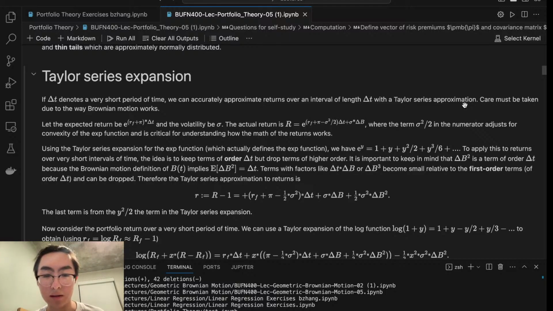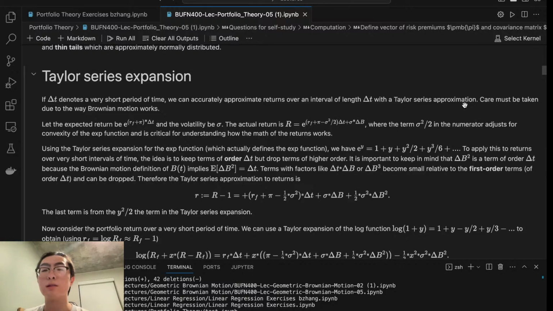Okay, so it's the expected return minus sigma delta t, just for the convexity of sigma squared delta t.